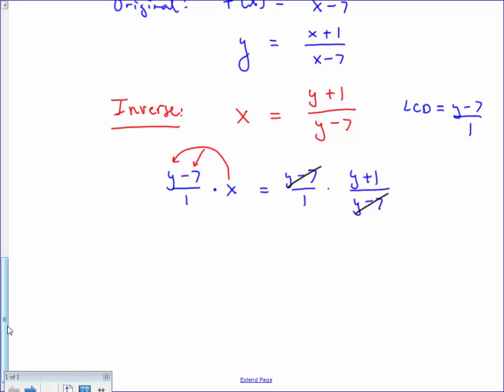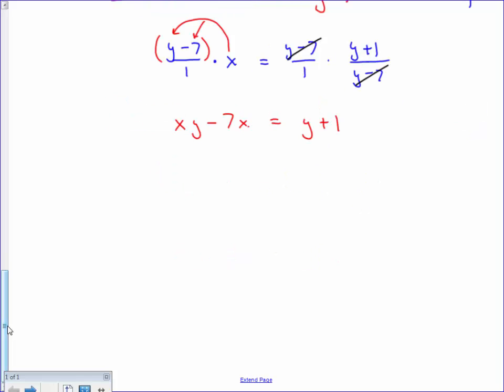And so here, all that we need to do is distribute the x. So we would have xy minus 7x equals, and then on the right-hand side, y plus 1. So using this LCD gets the y minus 7 out of the denominator on the right-hand side, and also leaves us with an expression or an equation that is not a fraction.